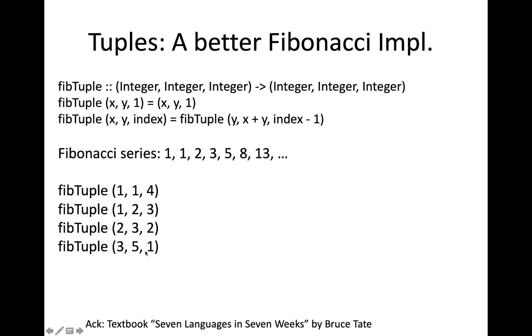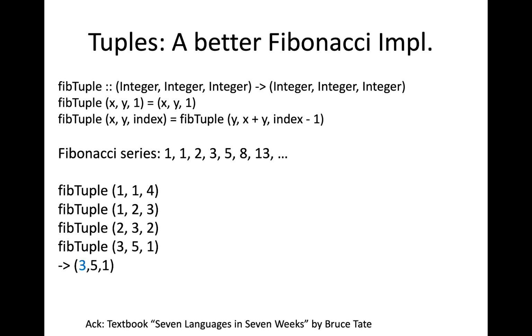Now this last one will match case number 1, and that means it should return 351. So we started with index 4, that means we wanted to calculate the fourth Fibonacci number, correct? And we are getting that as the first component of this return, correct?